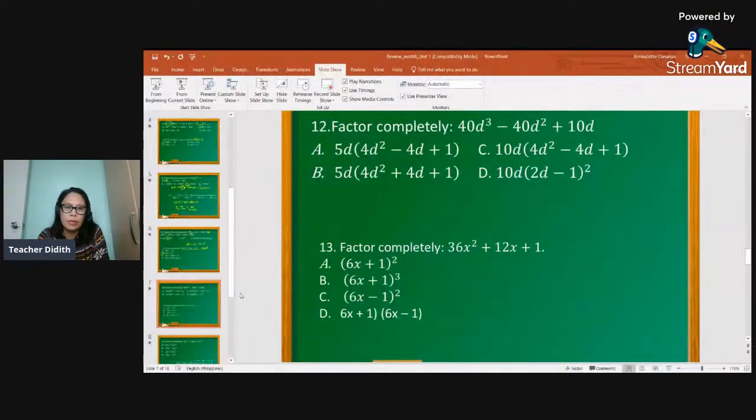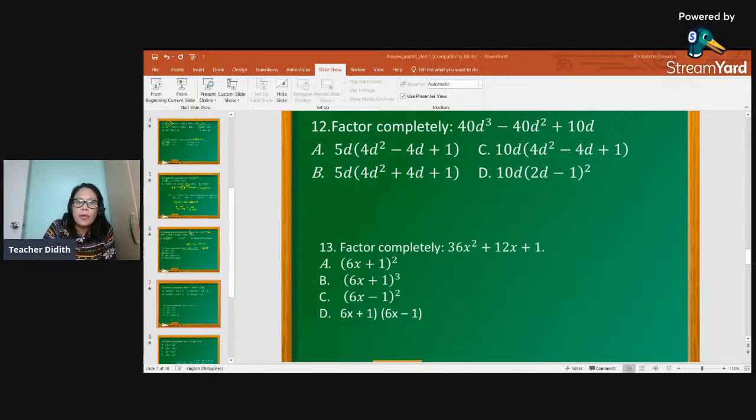So number 12 na tayo, ano? Okay. Factor completely again. I'll give you time to work on number 12.